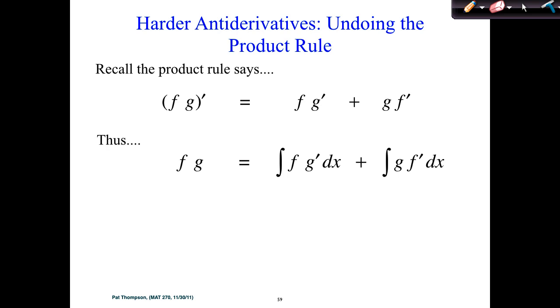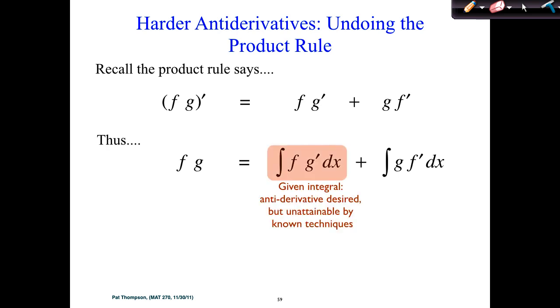So undoing the product rule is a little bit different than here's the result, you get this sum of two things, and then you have to come up with the f times g. Instead, your given integral is like one of the terms of the product rule.